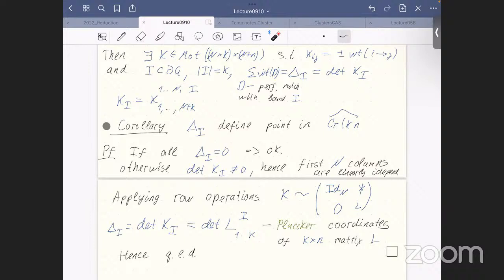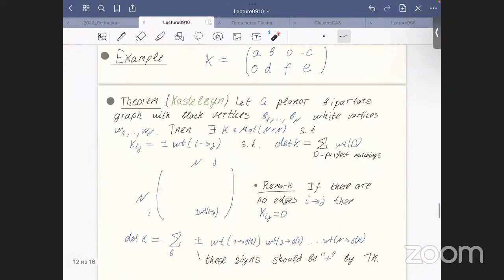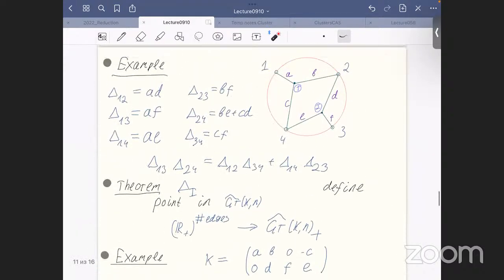I wanted to prove something today, not just take it, and this is what I want. This is another relation between Postnikov graphs and Grassmannians.